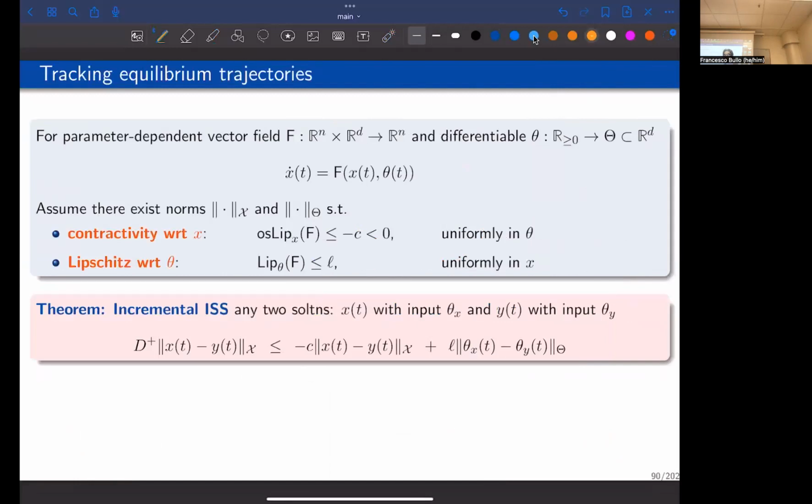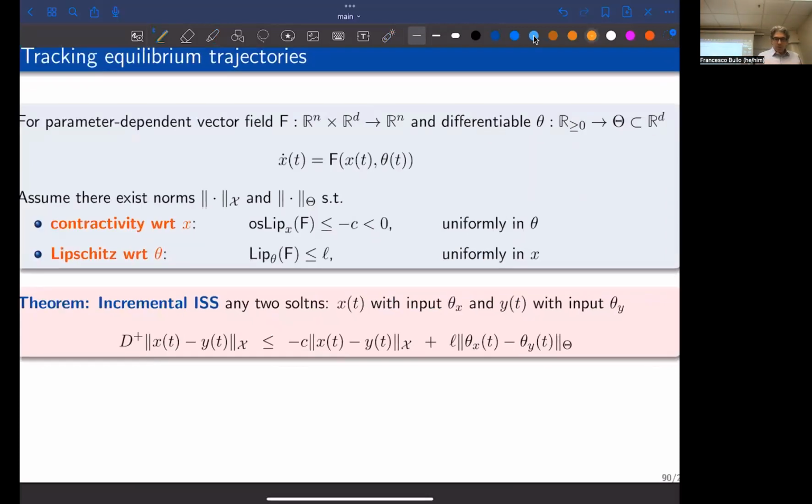So the error, what do I mean by error here? Well, actually, let's slow down here. The incremental ISS talks about any two solutions of the dynamical system x dot equal to f of x of t, comma, theta of t.